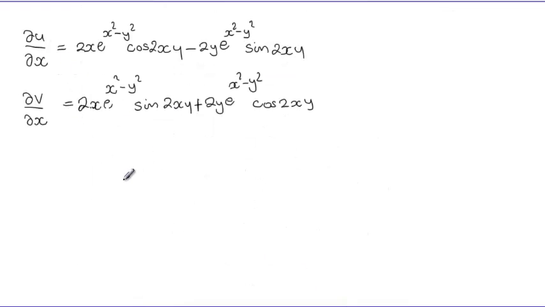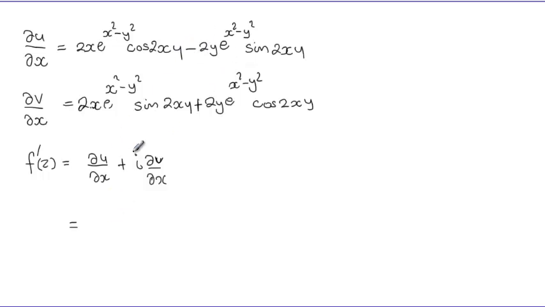Now, having these two partial derivatives with respect to x, we know that f'(z) will be equal to the partial derivative of u with respect to x plus the imaginary unit multiplied by the partial derivative of v with respect to x. So what we're going to do now is to rewrite this.